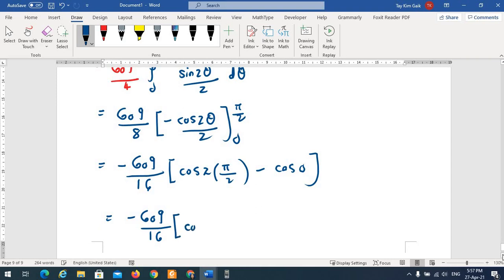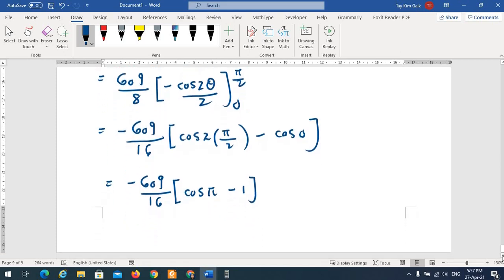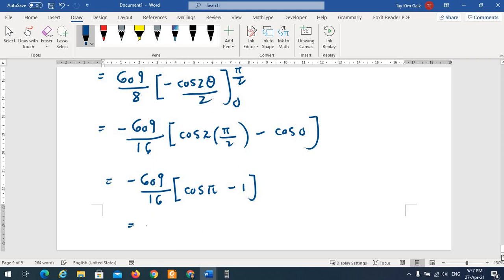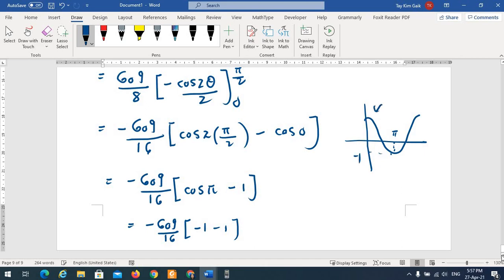So this is actually cos pi. Cos 0 is 1. Cos pi is negative 1. Cos pi is negative 1, minus 1. Remember, yesterday I sketched for you to see. This is pi, where the value is negative 1. This is a graph of y equals cos x from 0 to 2 pi.